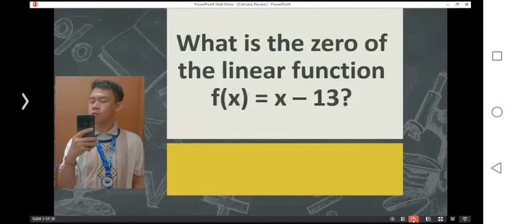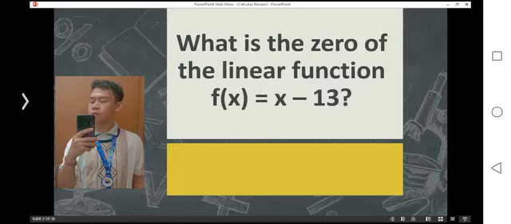Next, what is the zero of the linear function f of x is equal to x minus 13? This is a linear function, and in order to find the zero of this function, the first step is to equate f of x to 0. And thus, your function becomes 0 is equal to x minus 13.